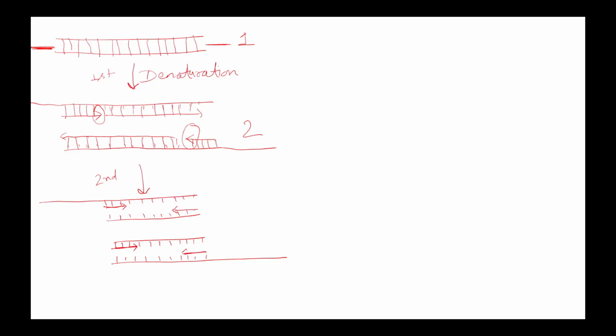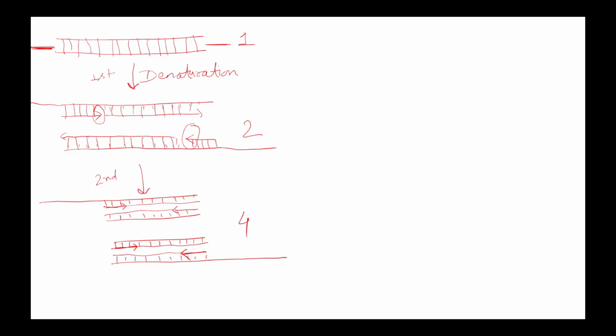This primer binding is called annealing of the fragment. Again this will be synthesized. So now from 2 you have 4 pieces of DNA. That is the whole thing that is being amplified.